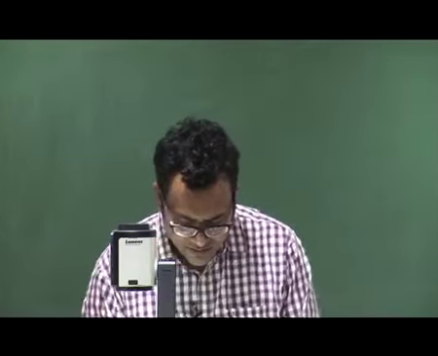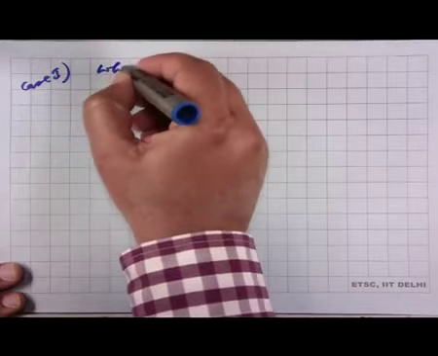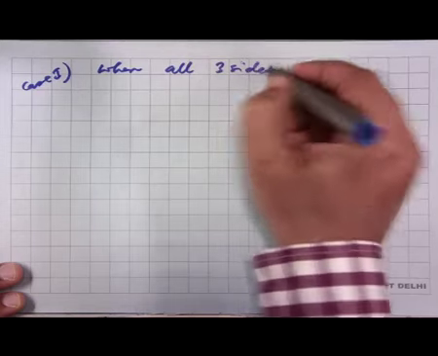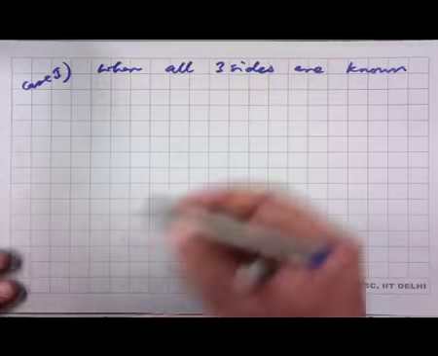So, the first case is when all 3 sides are known.